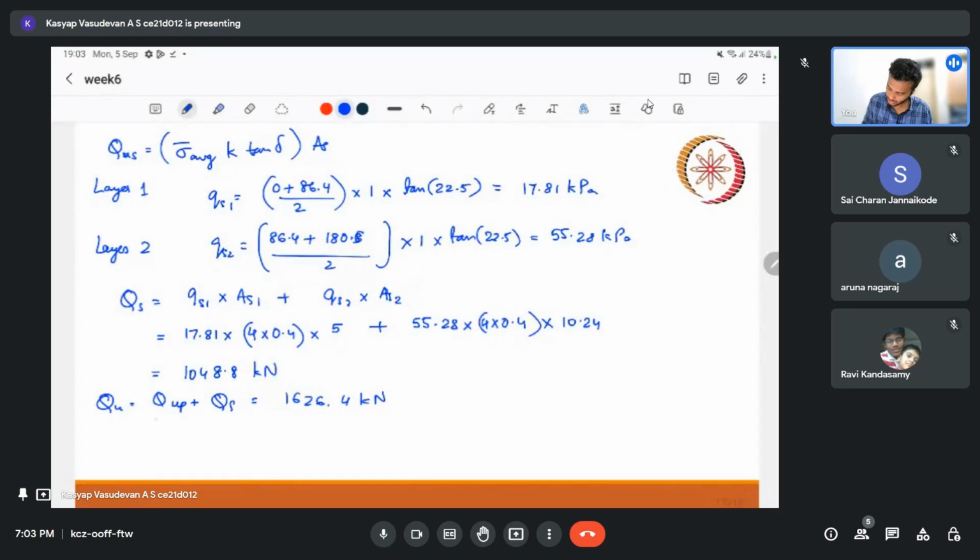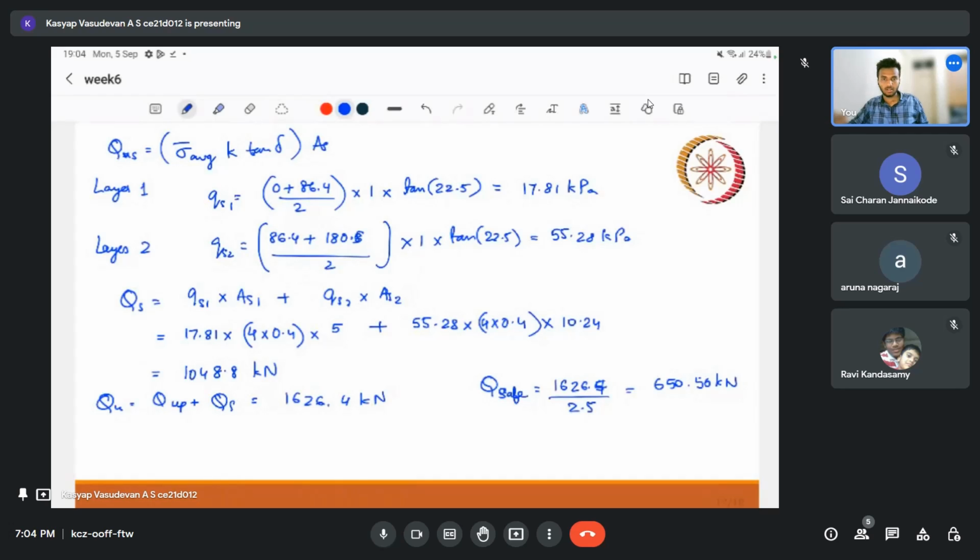So Q safe, again, we can get as 1626.5 divided by 2.5. Here we are assuming the factor of safety is 2.5, and that gives 650.56 kilonewton. I am writing this because I am going to subtract the self weight again as we had done before, but this self weight becomes more insignificant when we have a greater capacity.